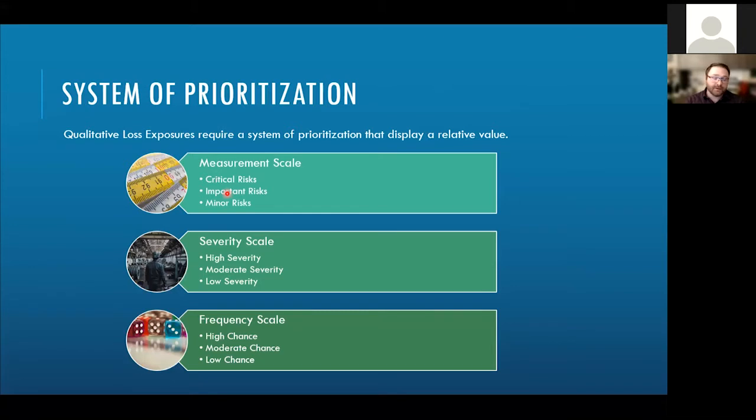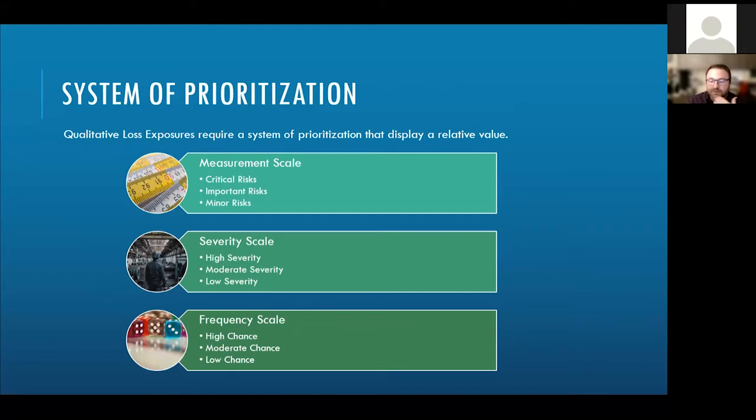Minor risks are those risks that have a lower severity. They're not going to impact our day-to-day operations. They're typically something that we see happen often, but we don't want to happen often. We don't normally have to borrow money, and we're able to handle the management of those pretty easily.